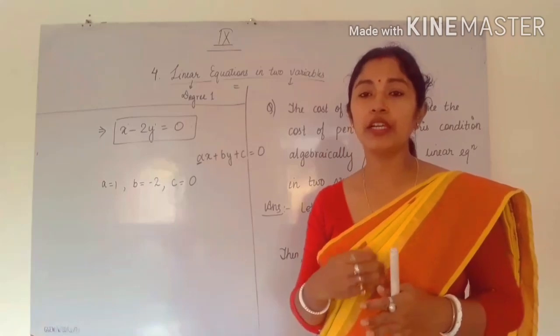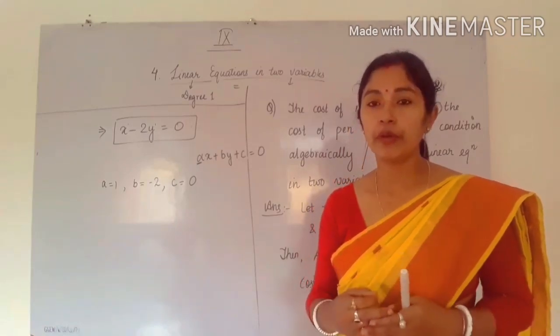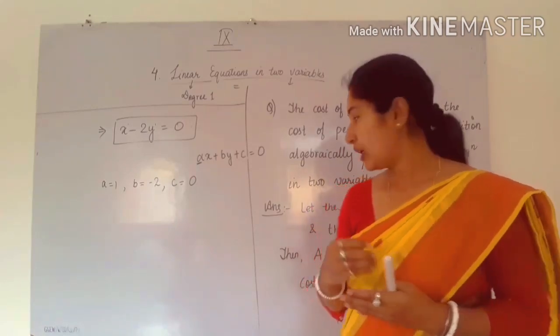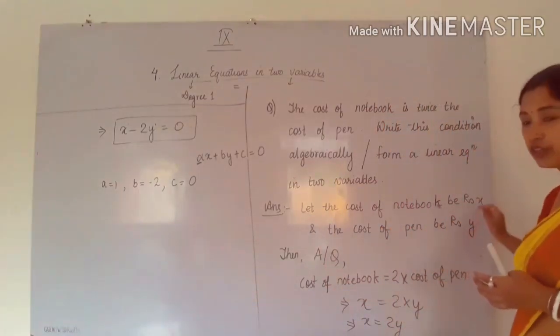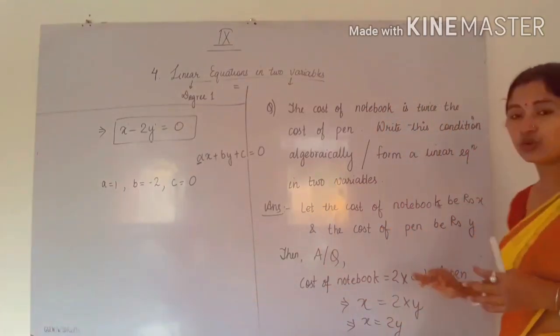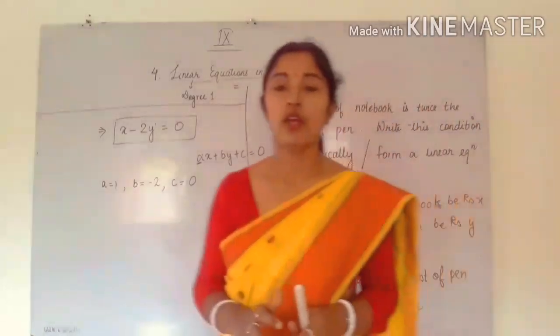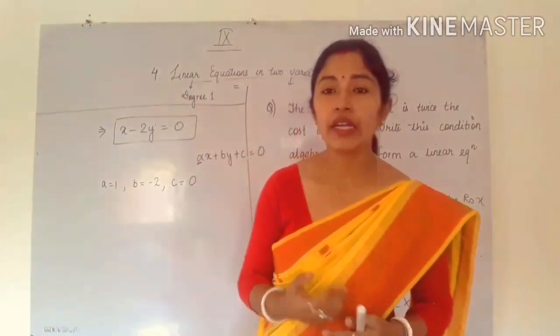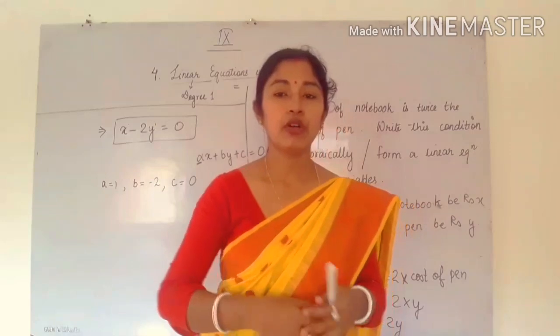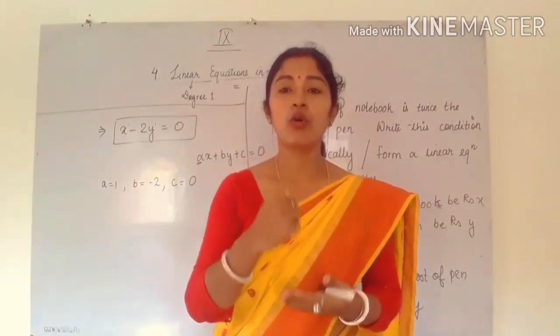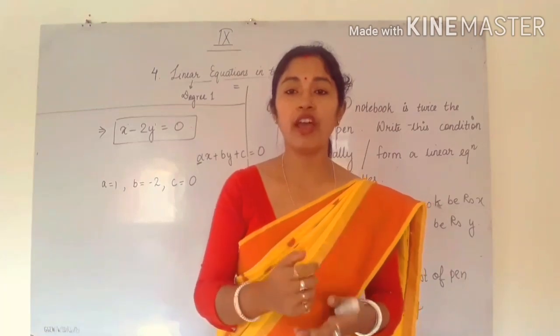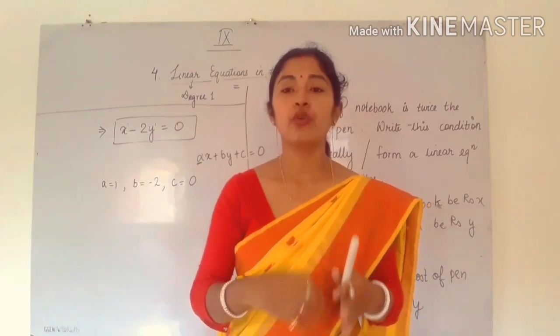Okay. So this is how you can form a linear equation in two variables by taking two variables. You have to assume the two variables. We don't know the values of x and y. So here x and y can take any values because we don't have any particular cost of pen or particular cost of notebook.